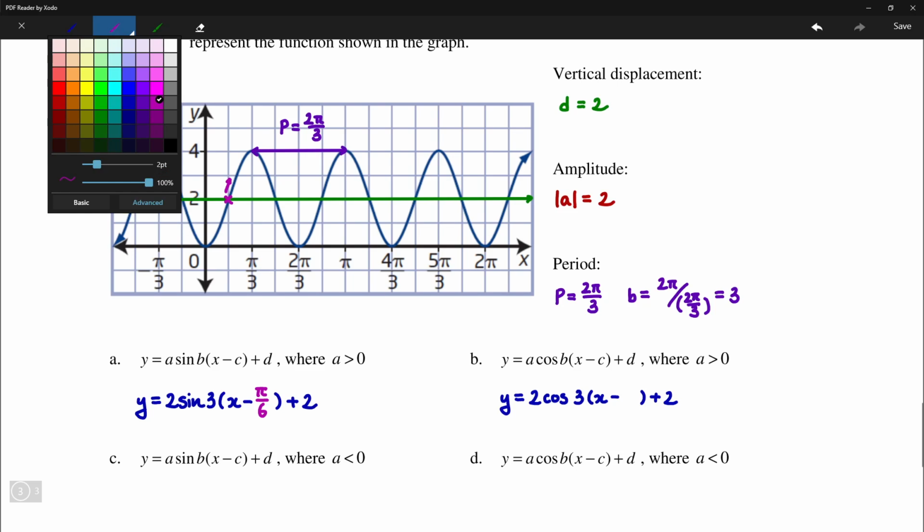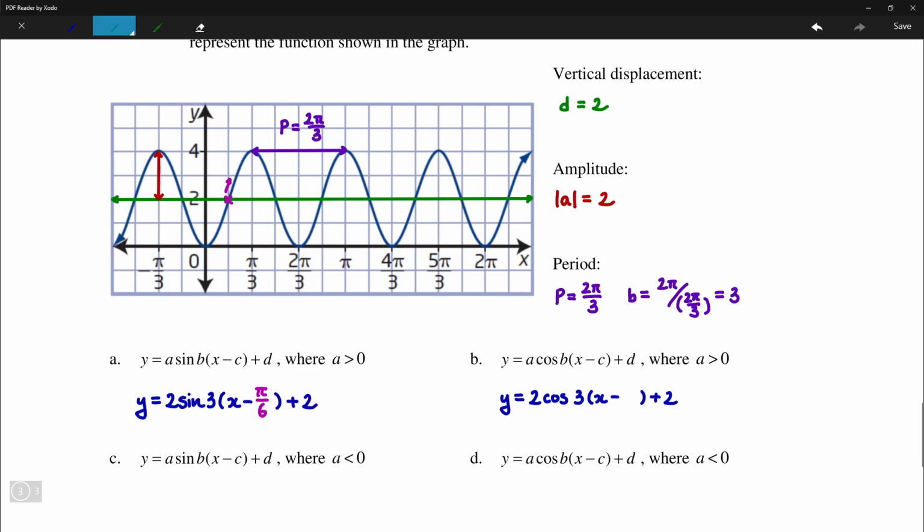So we need to find where on this graph the graph is at the maximum. So pi over 3 is a possible choice. That is the maximum, or pi, or 5 pi over 3. Those are all possible starting points of the positive cosine function. But we'll choose the principal answer, and that is the one that's closest to the y-axis. So that would be pi over 3.